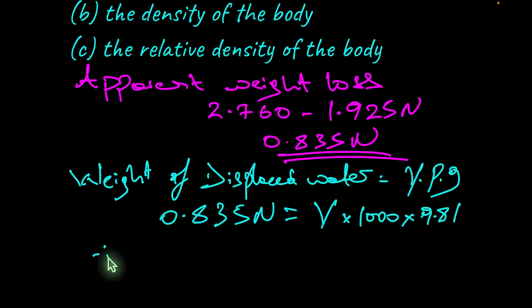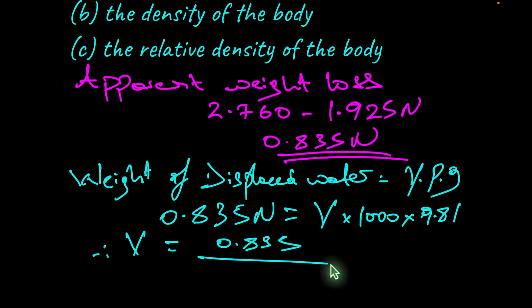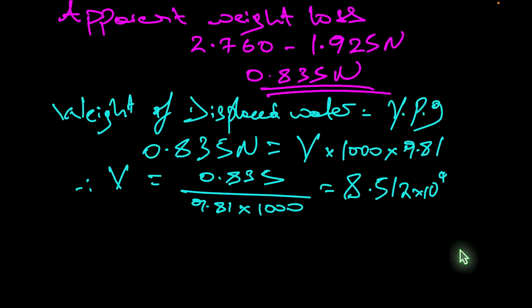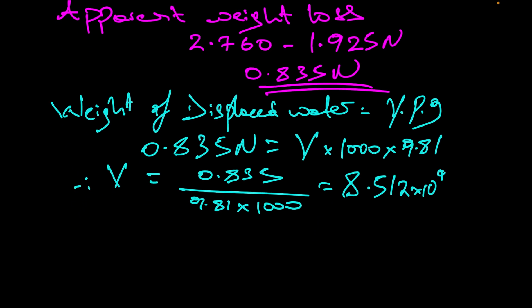So therefore, in this case here, the volume is 0.835 divided by our density times gravity, so 9.81 times 1000. So our volume is 8.512, and it's times 10 to the power of 4, and of course it's volume, so we'll use millimeters cubed.